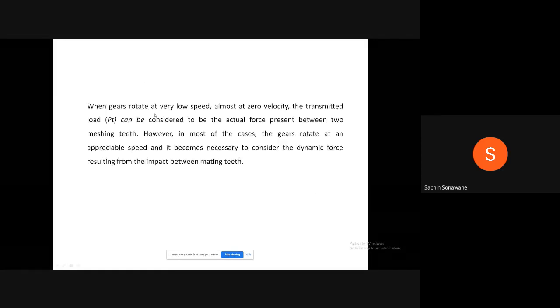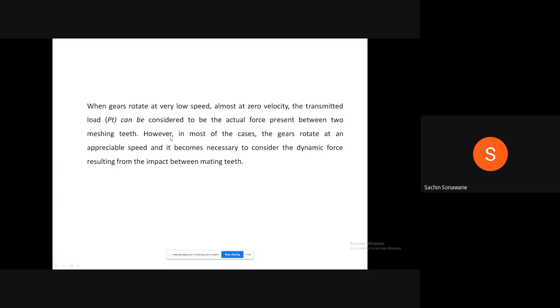When gears rotate at very low speed, almost at zero velocity, the transmitted load Pt can be considered to be the actual force present between two meshing teeth.